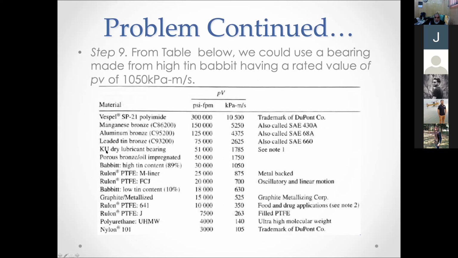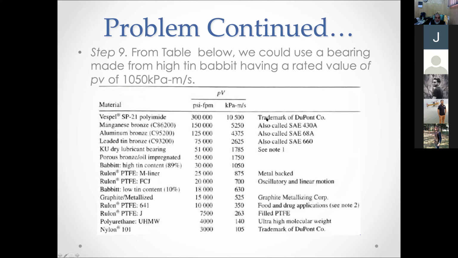Then from this graph, here you can see in step 9, from the table below, we could use a bearing made from high tin Babbitt having a rated value of PV equal to 1050 kilopascal meter per second. So you see from this table, there is a PV value given and there is a material given.